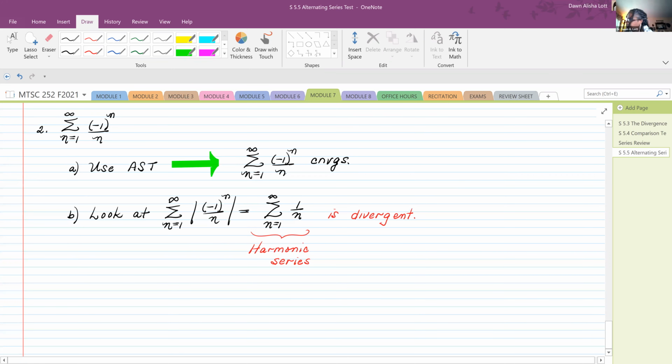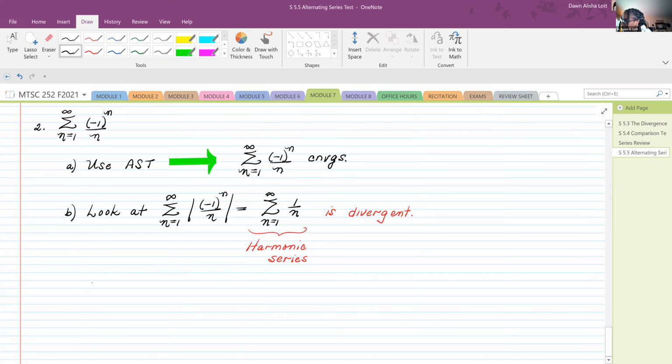So the summation n equals 1 to infinity of minus 1 to the n over n converges, but it does not converge absolutely.